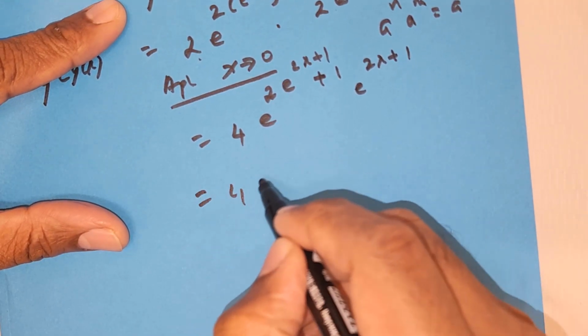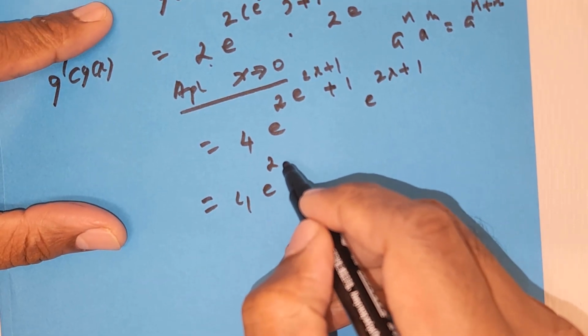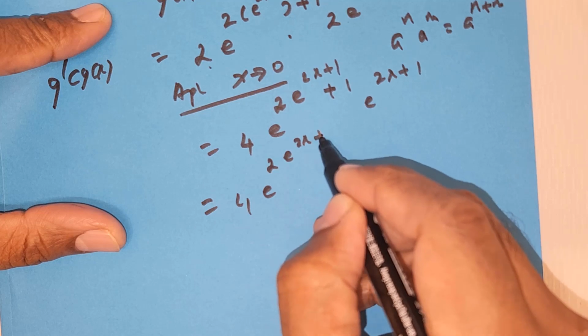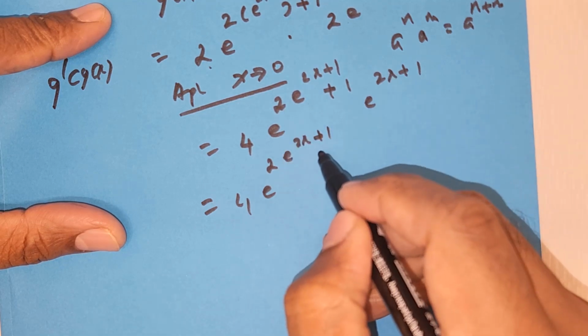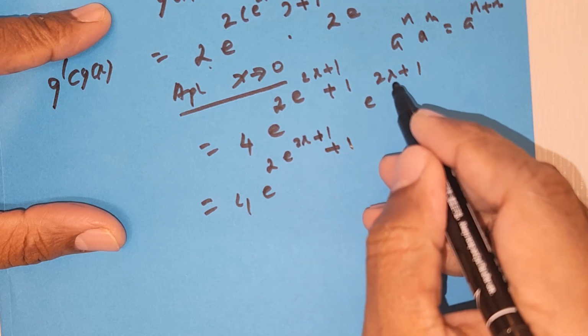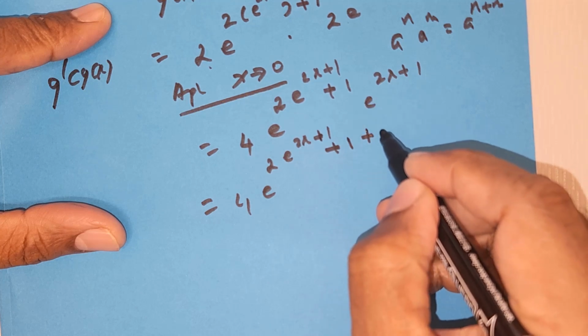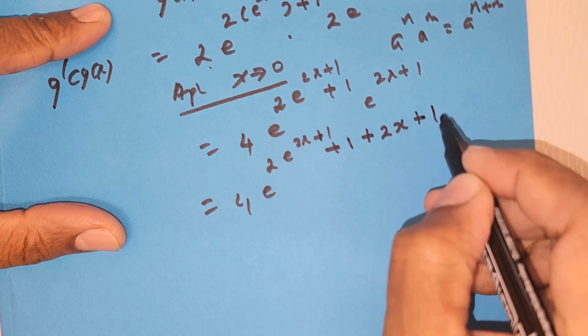So I can rewrite this as 4 times e raised to the power of 2 times of e raised to the power of 2x positive 1. Both of them are exponents, right? Positive 1, and then you have to add this also, 2x positive 1.